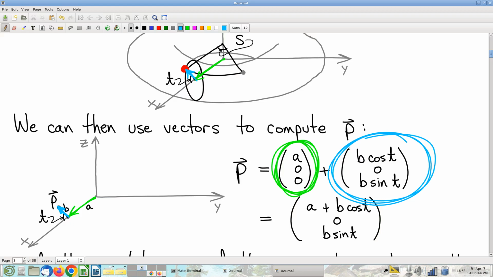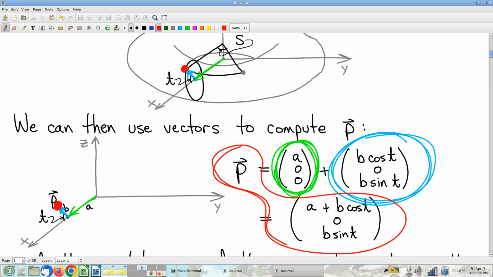So now this red point that we're interested in, that's not our final point of interest, but this starting point, this red point, is just the sum of those. And so it's this right here. That's our red point. Okay, not what we're actually interested in. What we really wanted, of course, is this purple point.